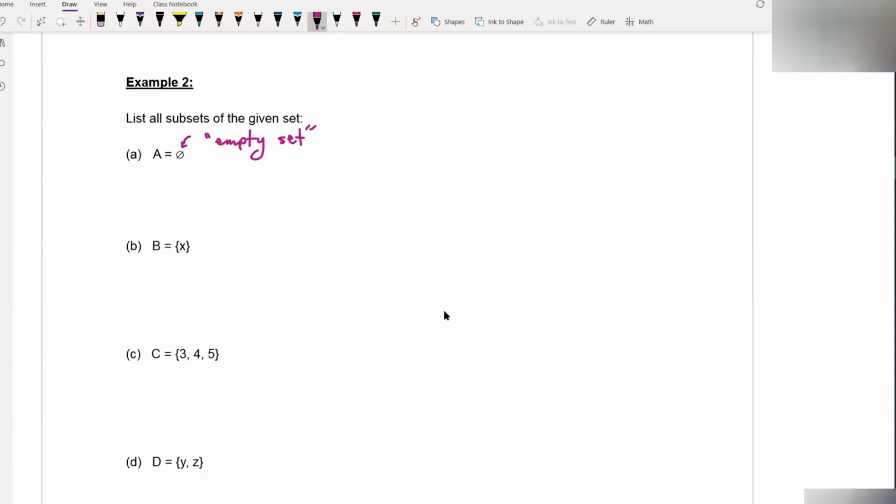So A is equal to the empty set, or we can write this way. This is also the empty set. Now we have to list all subsets. I already did by just writing under method to write this A equal to.